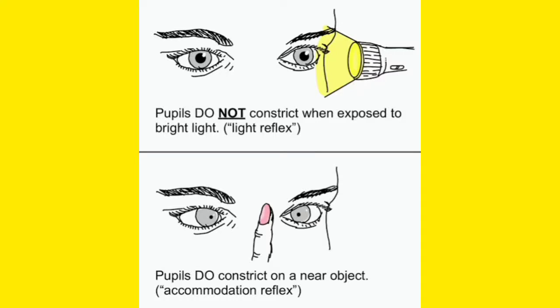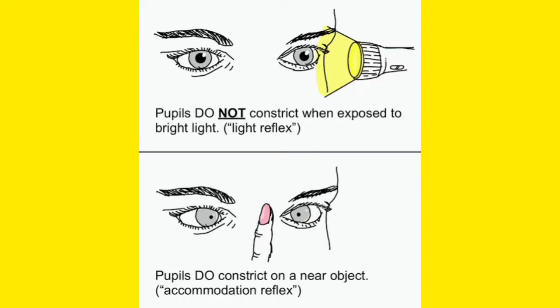So this kind of behavior of the pupil, that in case of the light reflex it is not responding, it is not constricting, but in case of the accommodation reflex, the nearby object reflex, you can find that the constriction is taking place. Whenever this contrasting phenomenon is occurring in any patient, you can understand this is Argyll Robertson Pupil.